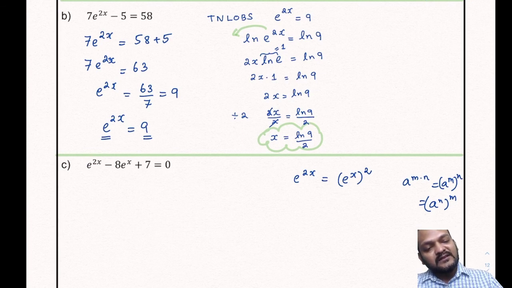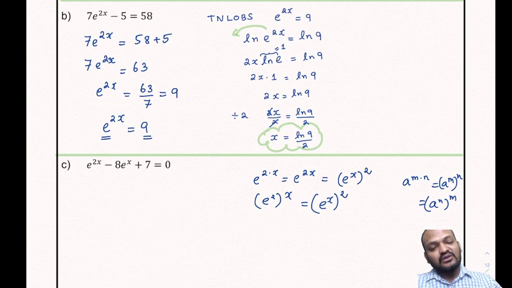Since this is e to the 2 times x, I can write this as e squared to the x, or I can also say this is e to the x, the whole squared. These are one and the same, and that's what we are going to use right here.